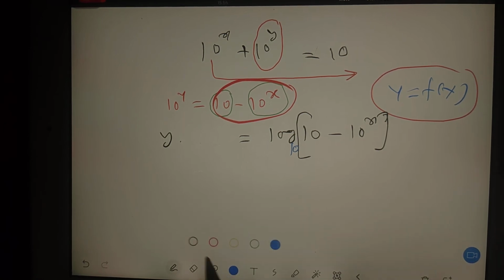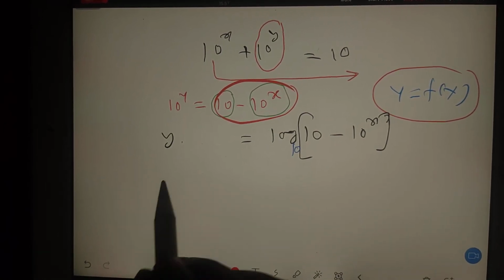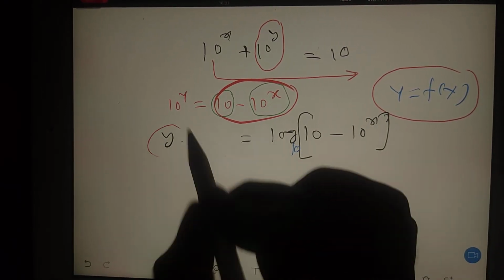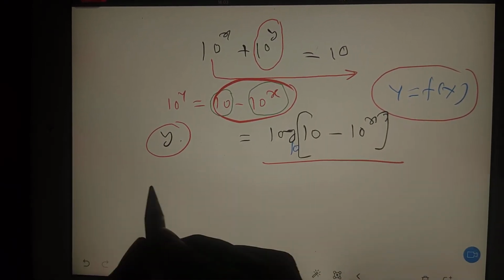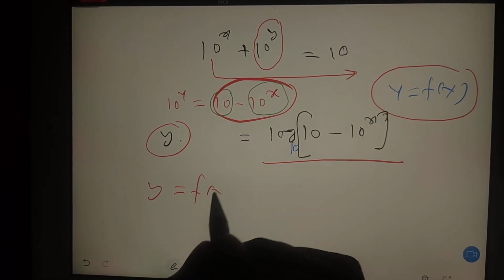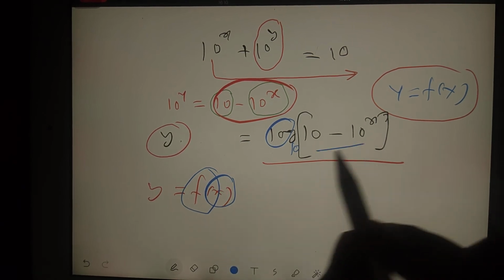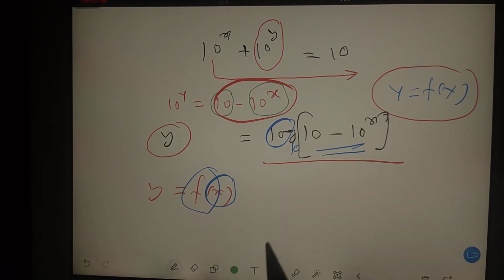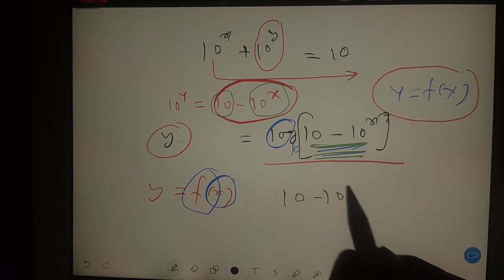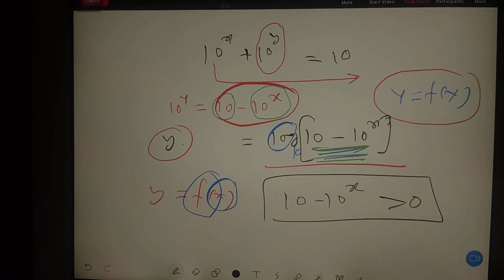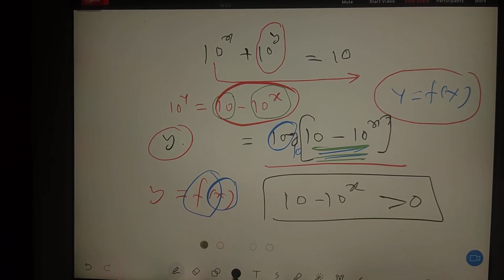Then I got my equation in y = f(x) format, where f is a log function. Now we can apply the log condition: 10 - 10^x should be greater than 0. This is your log condition from the domain concept. Then what is next?